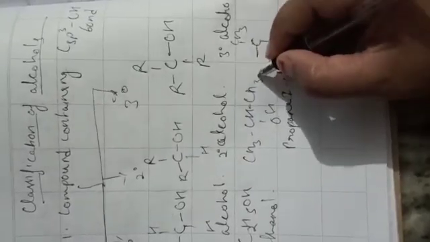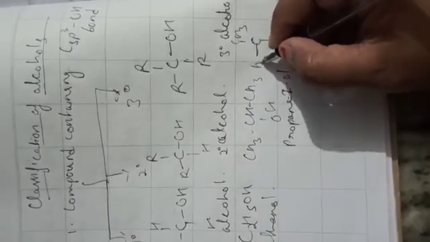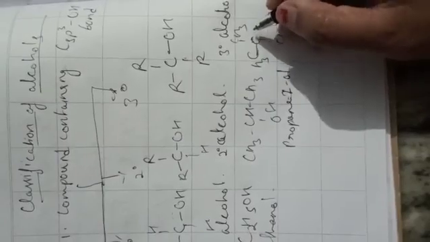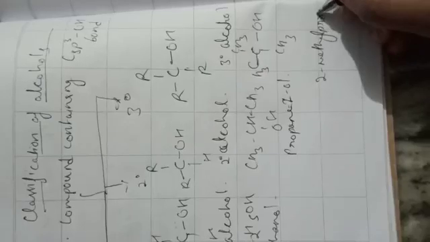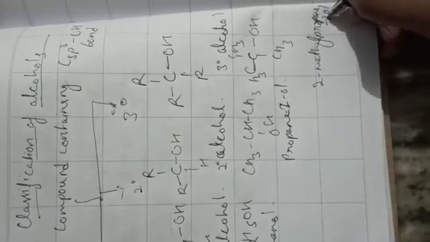Here, as you can see, all three hydrogens of the carbon are replaced by alkyl groups, and the one left is replaced by the OH group. So this is your example of tertiary alcohol.